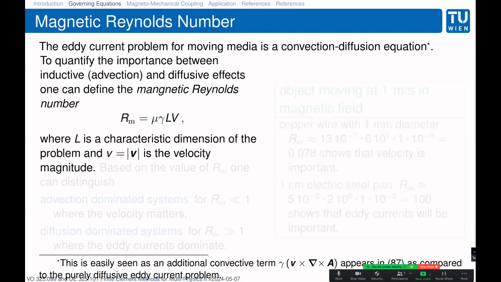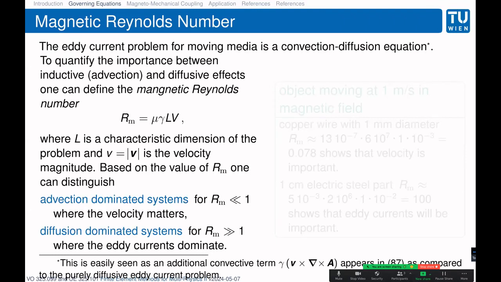And to quantify the importance between the inductive and the diffusive effects, you can use the magnetic Reynolds number. So it's defined by the material parameter, so the diffusivity effectively, a reference length, so this is sort of the problem dimension or the characteristic dimension of the problem, and the velocity.